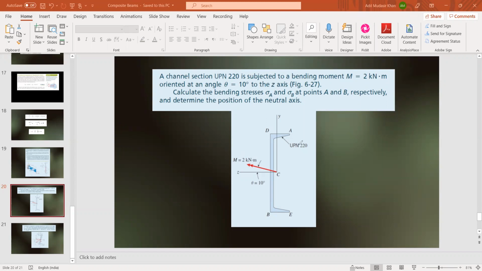So as far as this C section is concerned, the properties given to us are, first of all, its centroid. The centroid for a C section UPN 220 is at a distance of 2.14 centimeter from the Z axis.